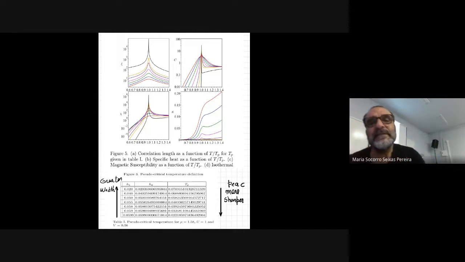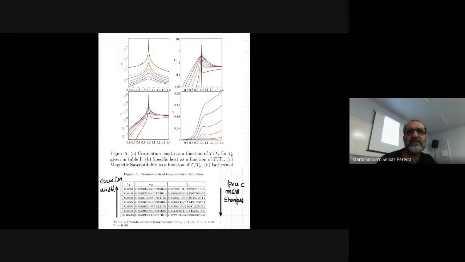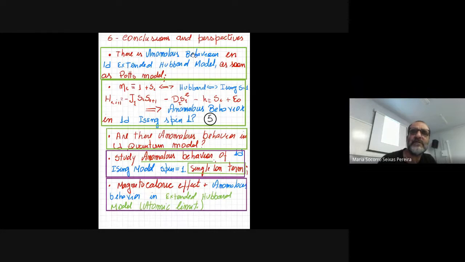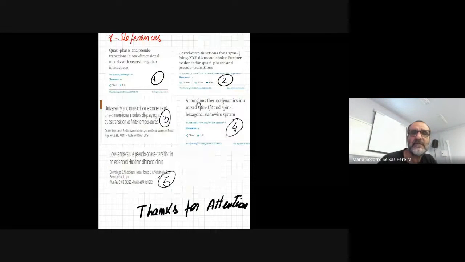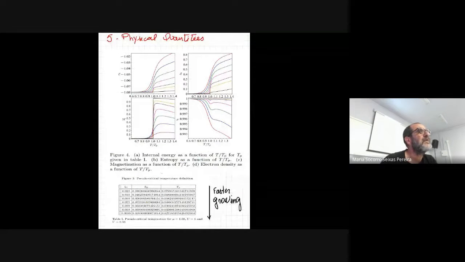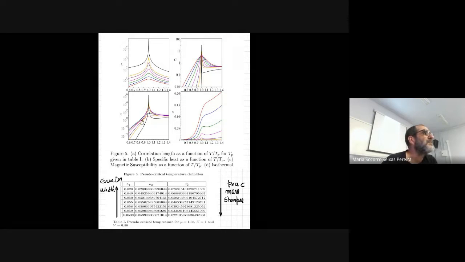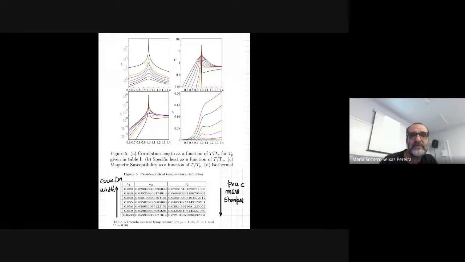Okay, it's exactly what we can see in this picture of specific heat, in entropy. And here you have magnetization, similar to what we can observe in susceptibility.